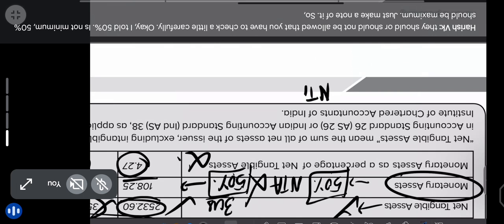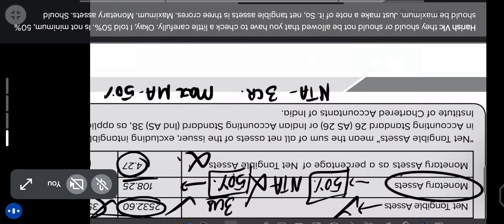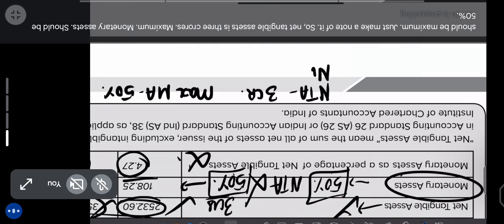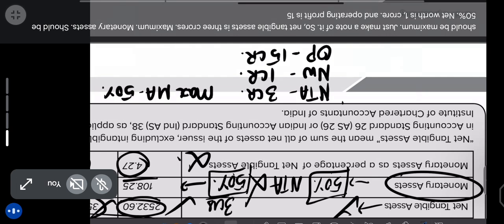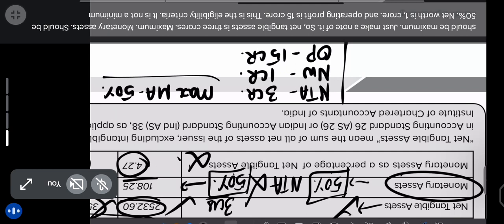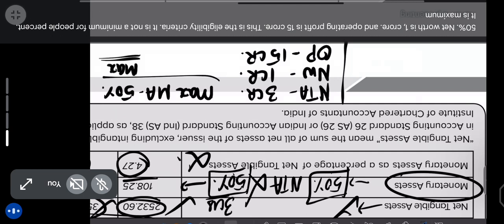So net tangible assets is 3 crores. Maximum monetary assets should be 50%. Net worth is 1 crore and operating profit is 15 crore. This is the eligibility criteria. It is not minimum 50%, it is maximum 50%.